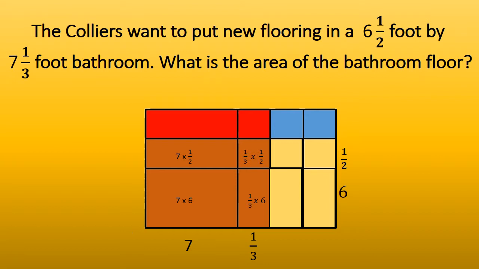Now we have identified each expression that we're going to use to solve the area in each individual square or rectangle. We're going to start with 7 times 6 down here, and we know our multiples, so we know 7 times 6 is 42. Now our next one is the one up top, which is 7 times 1/2. A lot of people say, well, I know 7 times 1/2 is going to be 3.5. Well, a lot of times we want to work it out as a fraction because it's a lot easier to deal with fractions. The first thing we have to do is represent our whole number as a fraction.